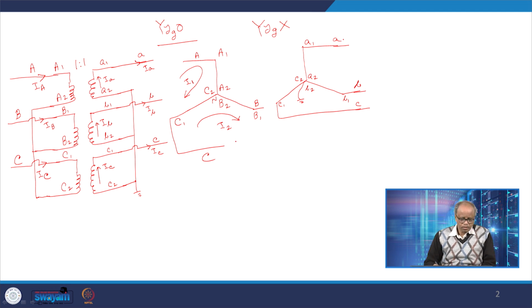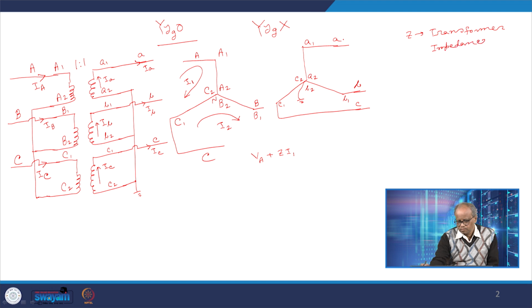So now, if I write down the loop equation for this, what I get is V A, that is this rise, plus Z I 1, where Z is the transformer impedance, then the reflected voltage from here.